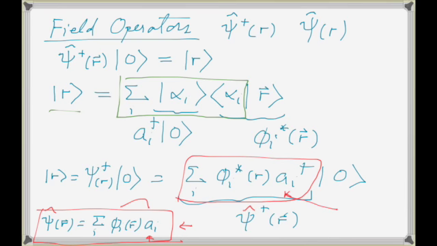And then this thing here is just my wave function. And this thing here is my AI dagger acting on the vacuum state. And so this is how the transformation between the field operators and the localized orbital operators works.